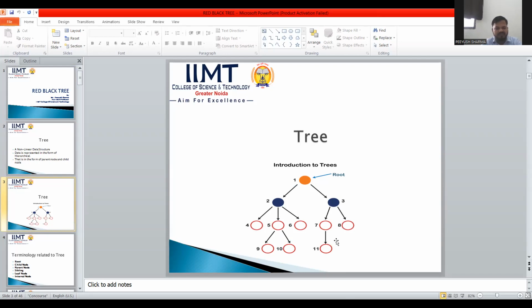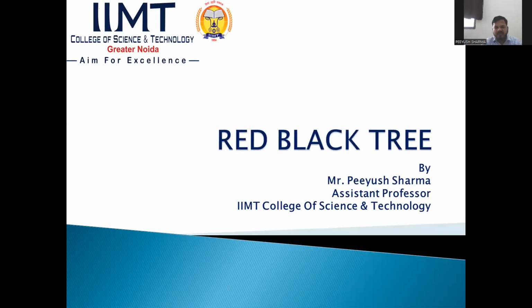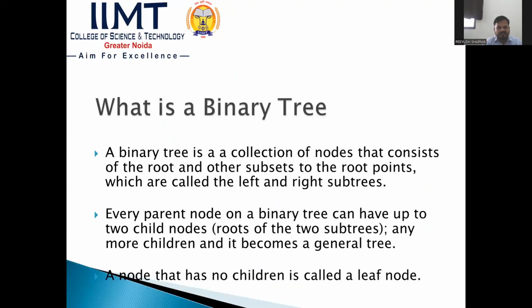So what next? There are several types of trees, and one of them is the binary tree. What is a binary tree? A binary tree is a collection of nodes that consist of a root and other subsets of the root pointing to what are called the left and right subtree.